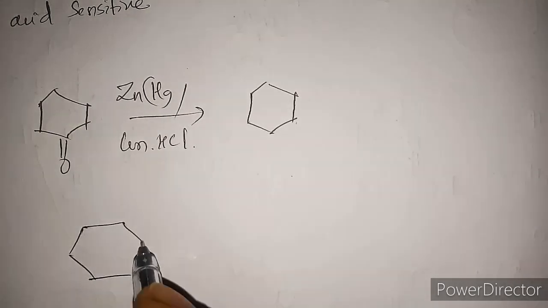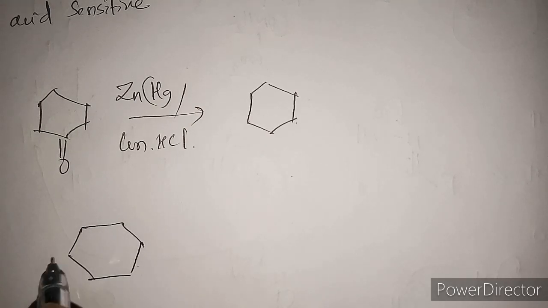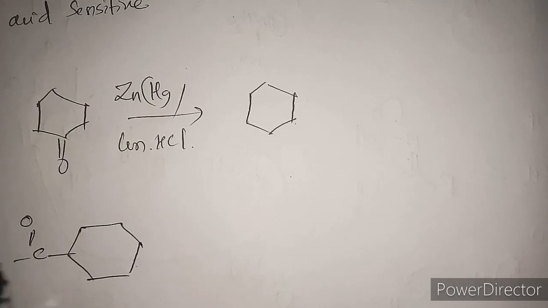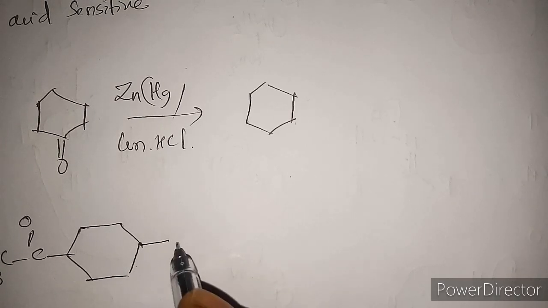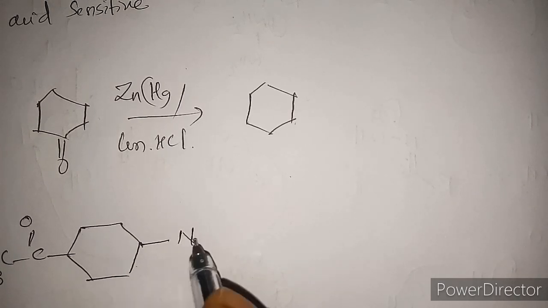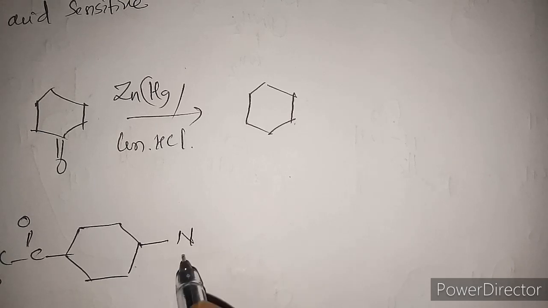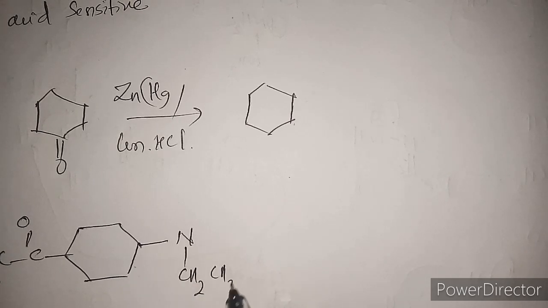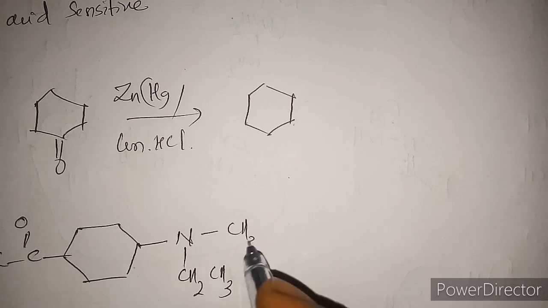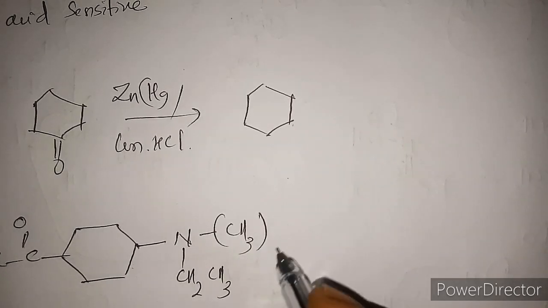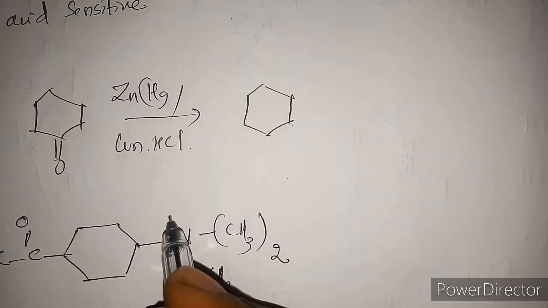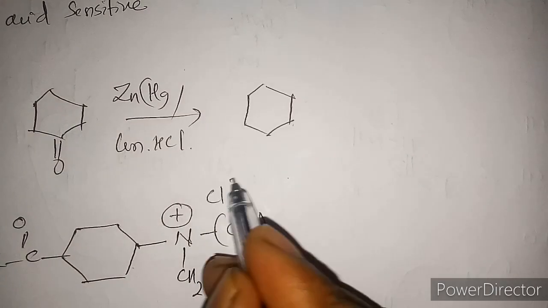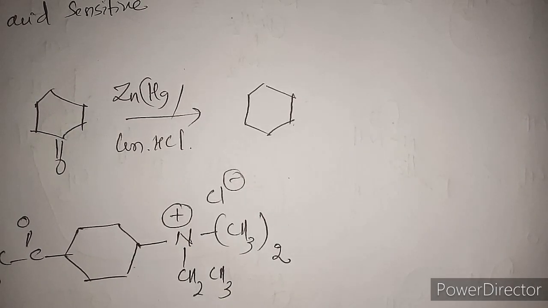One more example, this is CO CH3, N CH2 CH3 two times, and this is plus, this is a quaternary ammonium salt.